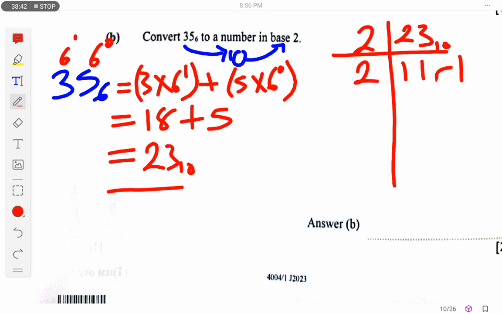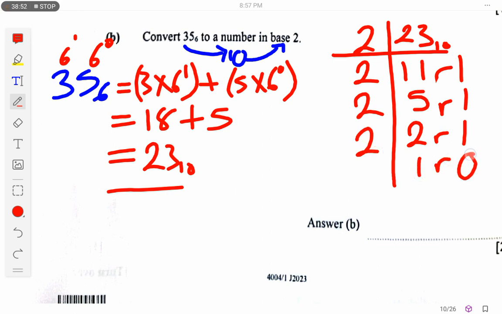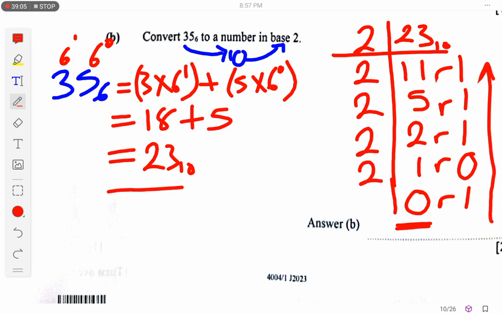Then 2 into 11, that's a 5, remainder 1. 2 into 5, that's 2, remainder 1 again. 2 into 2, that's 1, remainder 0. 2 into 1, that's 0, remainder 1. So we divide up until we get a 0 at this point. Then to write our number in base 2, we take it from the bottom going upwards. So you find out it's 10111 base 2, like that. Okay, let's move on.